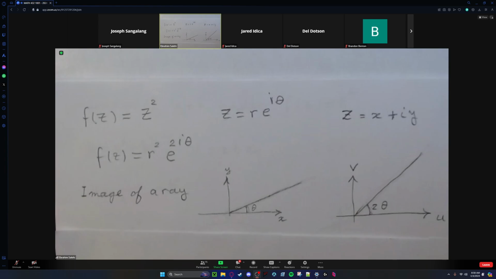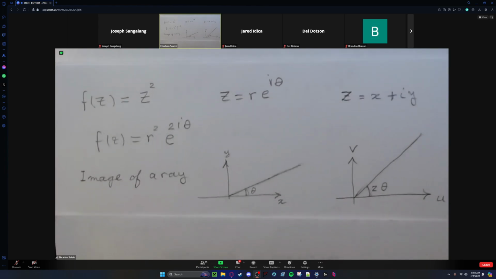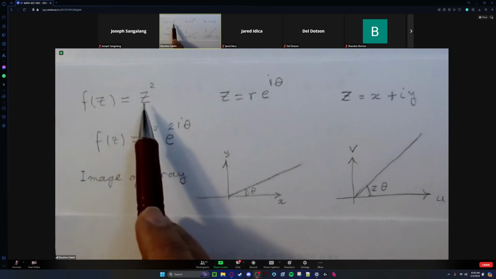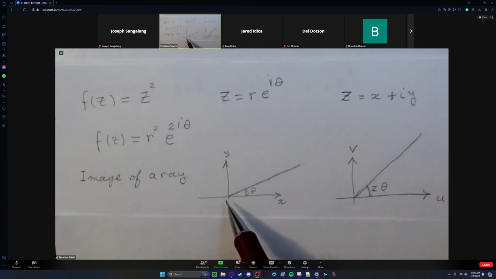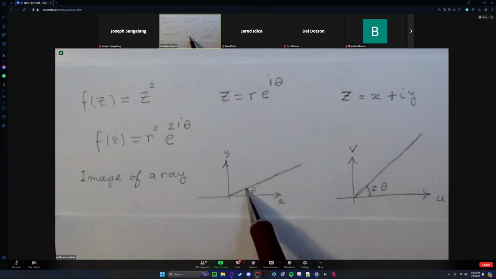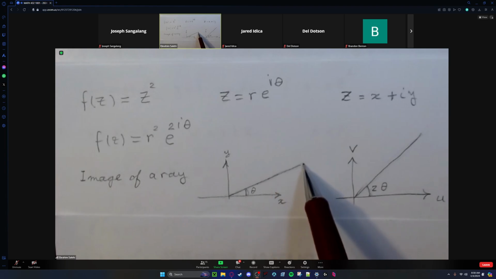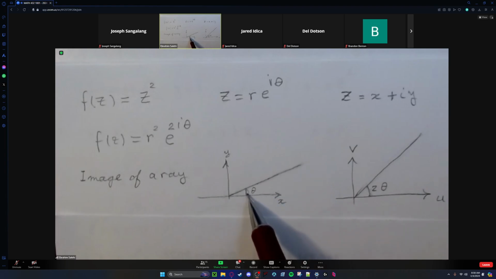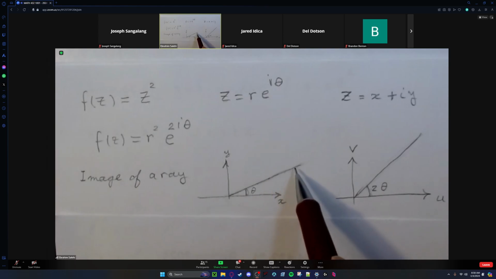So that, by the way, gives us this beautiful information that if we apply Z squared to this ray, then the argument is theta, all right? When you're talking about the ray, this theta is fixed. You can have different points, of course, but this is fixed.